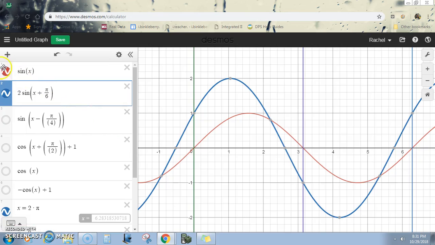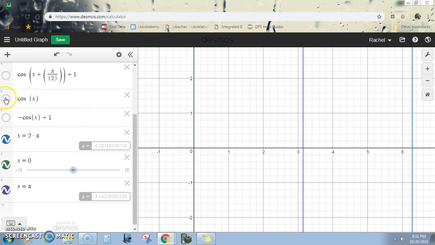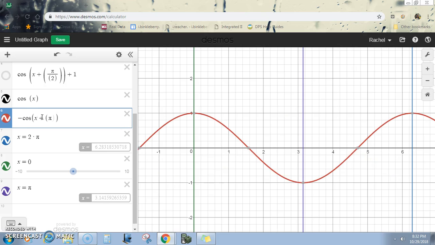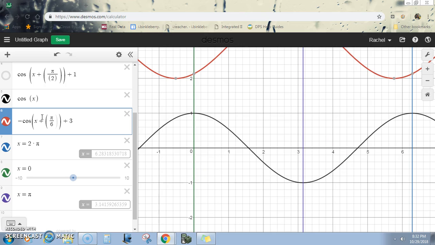So let's look at our cosine wave this time. If we take our cosine wave and we turn it upside down and then shift it left, I think by the same amount, I'll go double check this, but let's try this, plus pi divided by 6. And then on the end, we moved it up by 3.